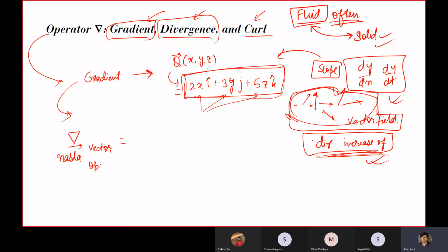It is an operator basically, going to be operated onto something, and it is defined as i times dou by dou x plus j times dou by dou y plus k times dou by dou z. This is to be operated either on a vector or also on a scalar field.